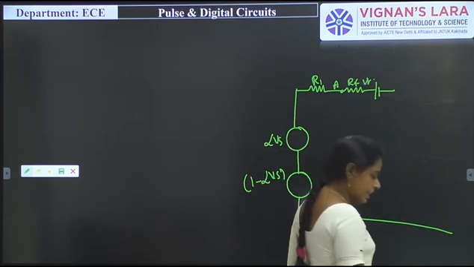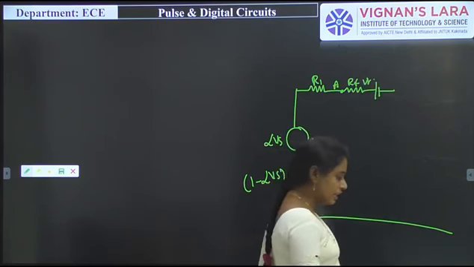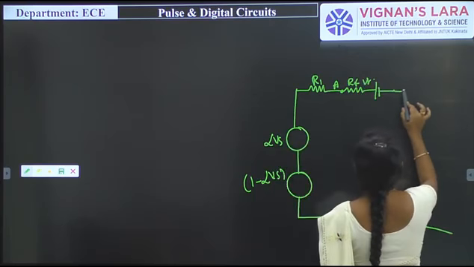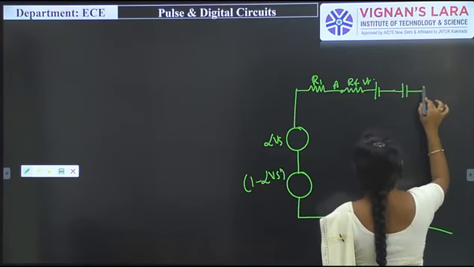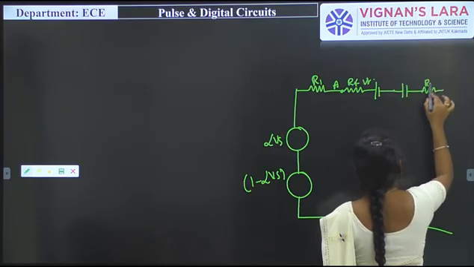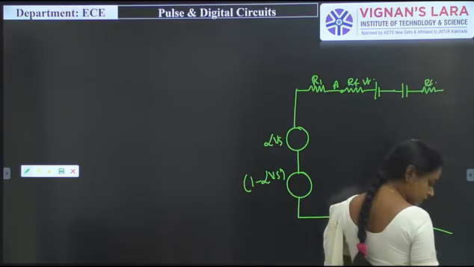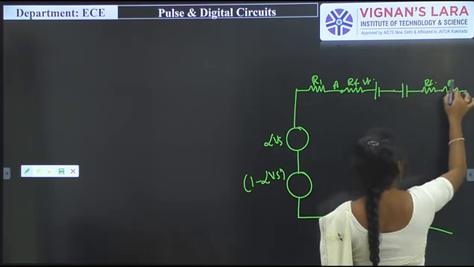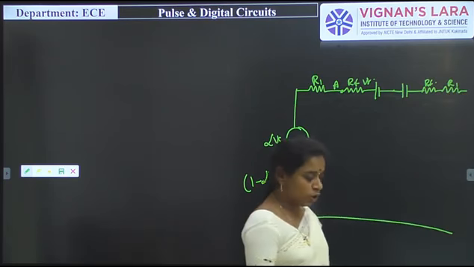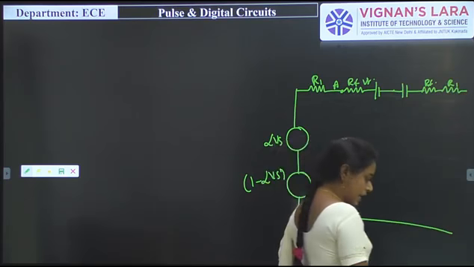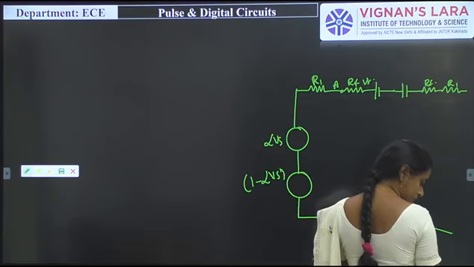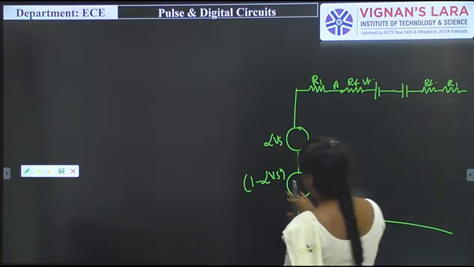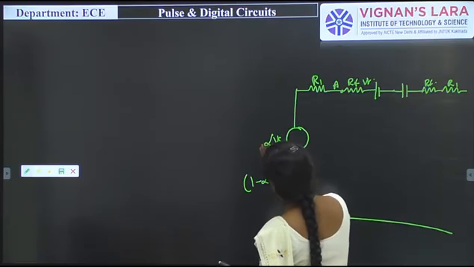And again I have to represent the next side, that is another diode we have, V gamma and RF, and the next one is R1. And here also we apply the input voltage, that is alpha Vs and 1 minus alpha into Vc, and Vc is nothing but the control signal.